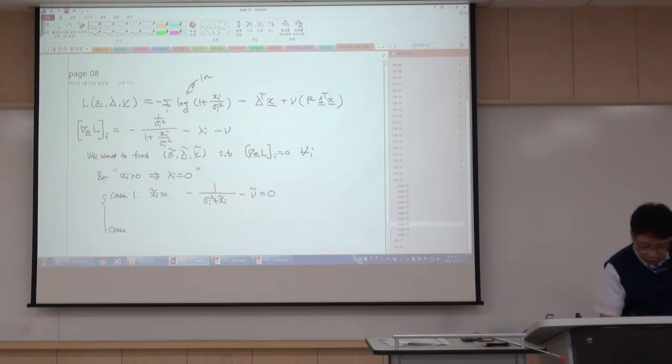Case 2, xi tilde is 0. Then we have sigma i squared plus xi tilde plus lambda i tilde minus nu. Sorry, minus.